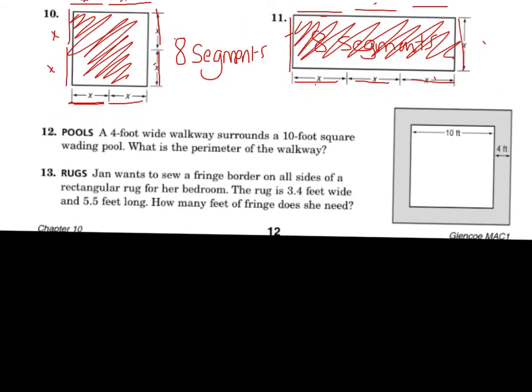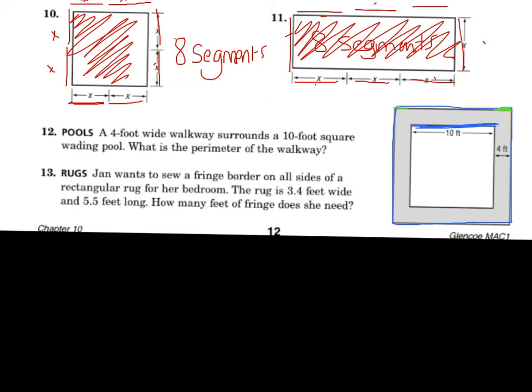A 4-foot wide walkway surrounds a 10-foot square wading pool. That's like a baby pool. What is the perimeter of the walkway? Okay, so the perimeter of the walkway is this part here. We know that this much is 10. Okay, and then this much that's left over, that is 4.